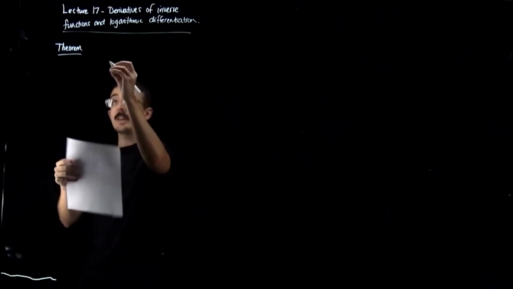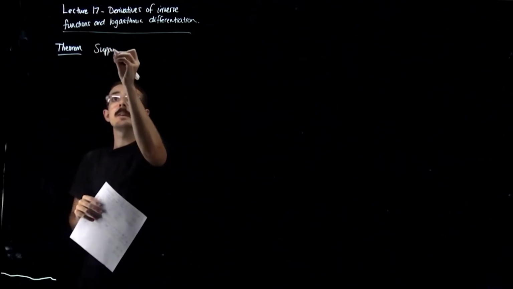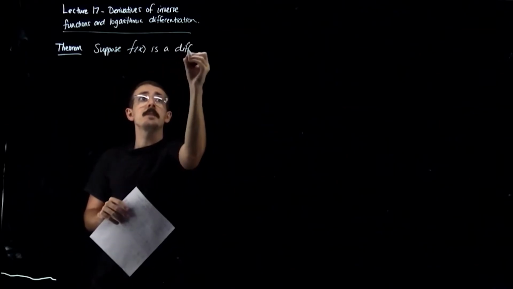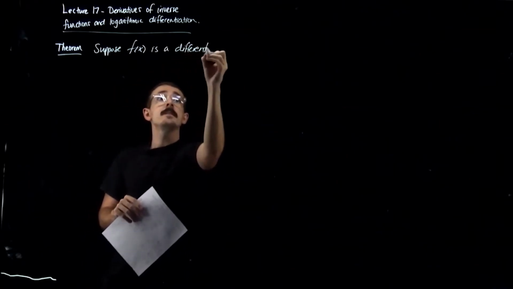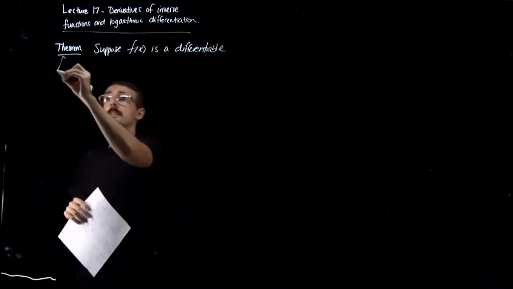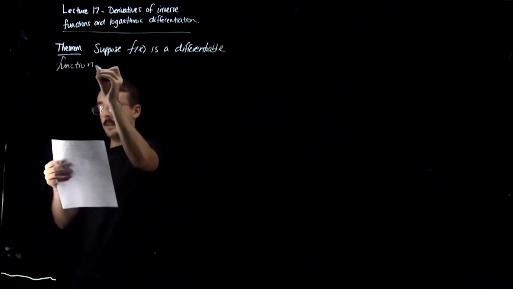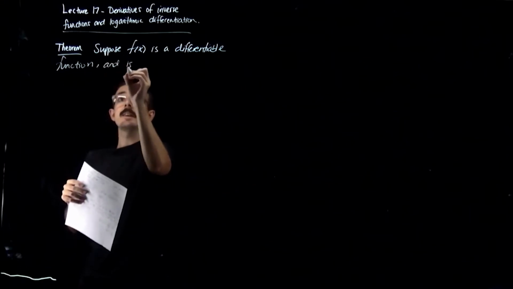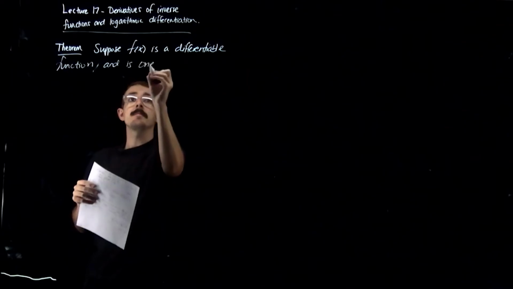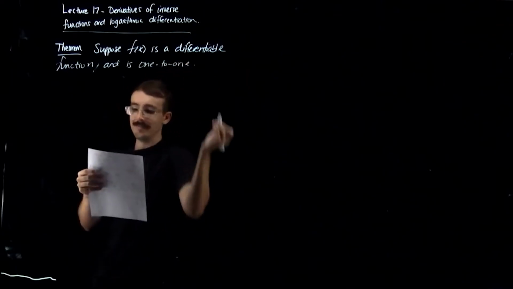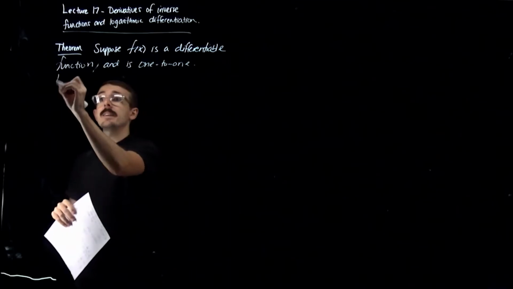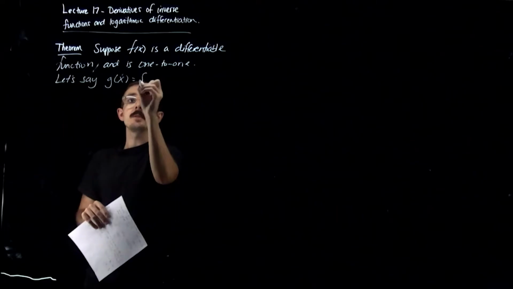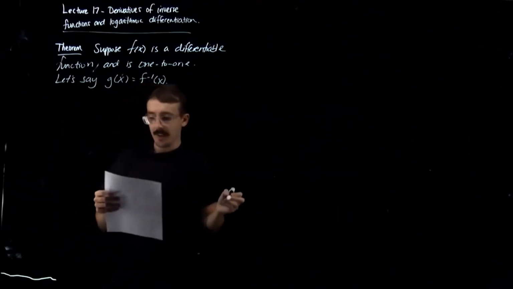So here's the theorem. It says, suppose f of x is a differentiable function, and is 1-to-1. Let's say g of x is equal to the inverse of f.